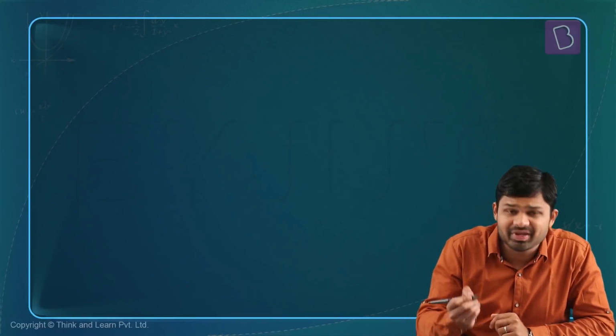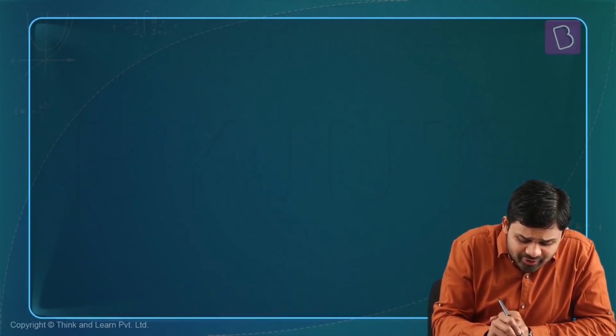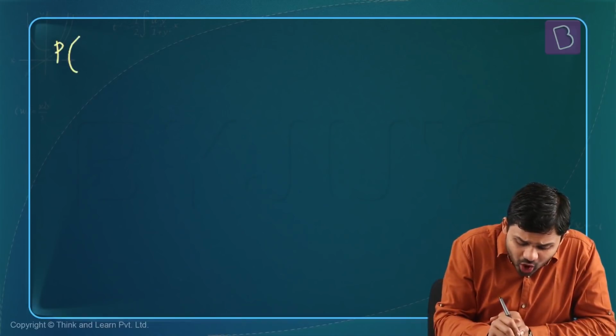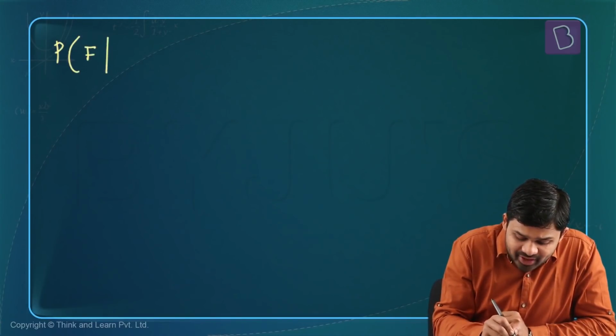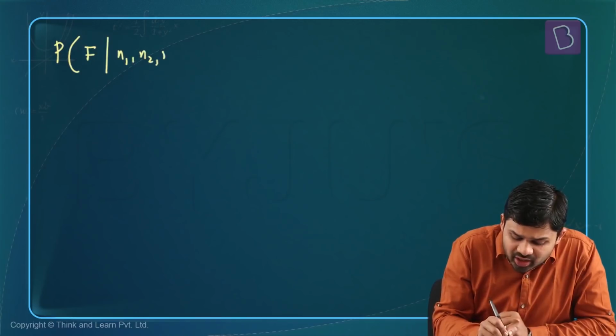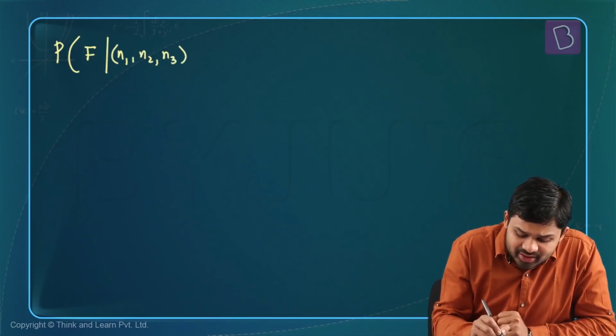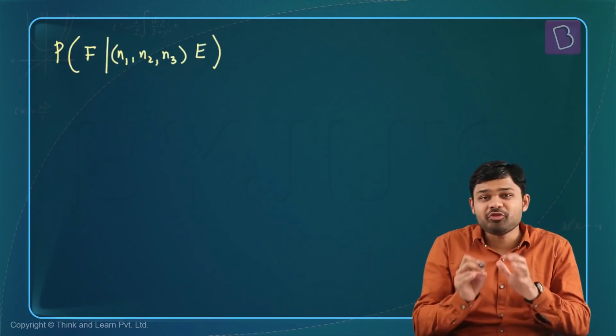So what is the thing that we have to find out? Well, we have to find out the probability of a fair die given n1, n2, n3 will they satisfy the event. Okay, so we need to find this out.